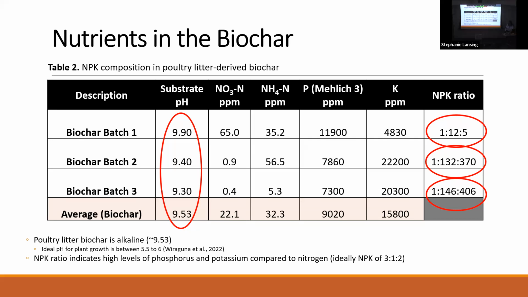There's also been some work, not necessarily with poultry litter biochar, but with other types of feedstocks, applying biochar into prairie or wetland systems as a phytoremediation method and soil conditioner, but then also harvesting the excess growth of those plants and turning that back into biochar.